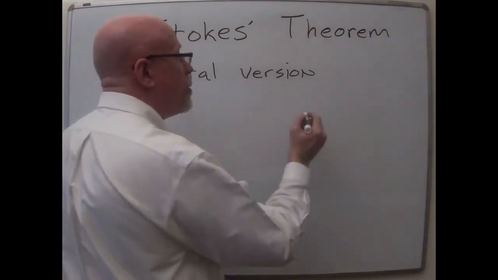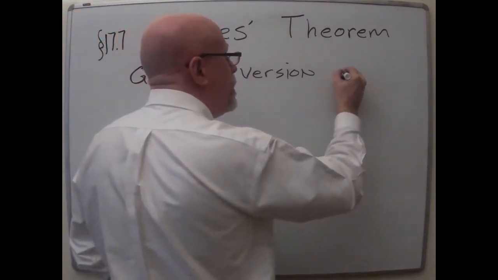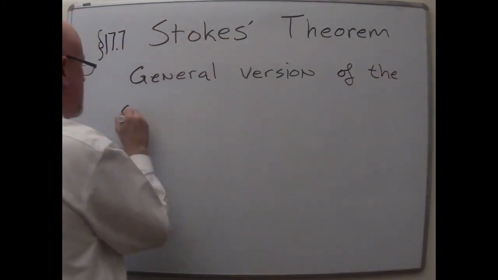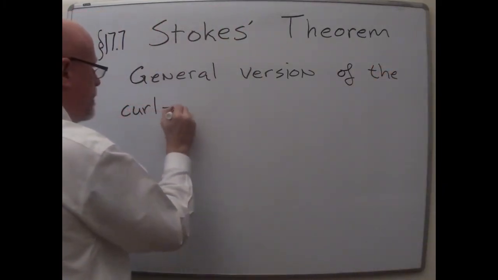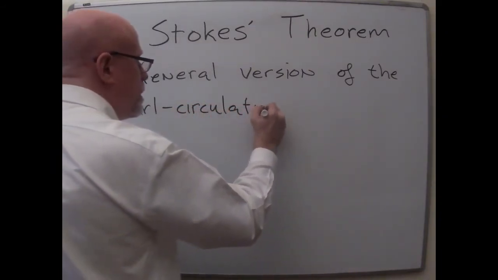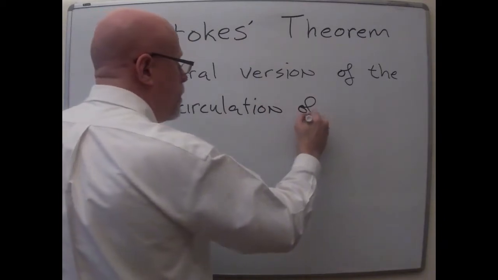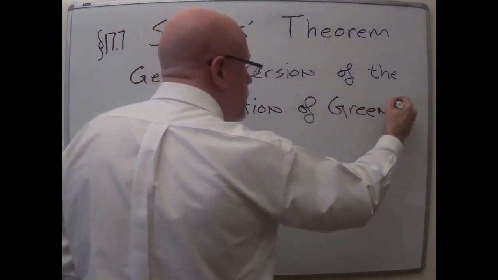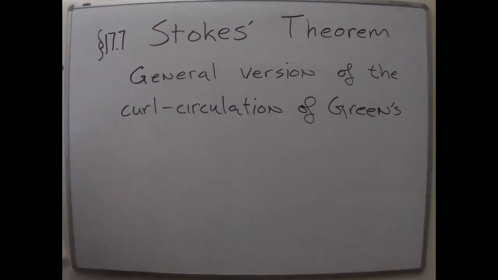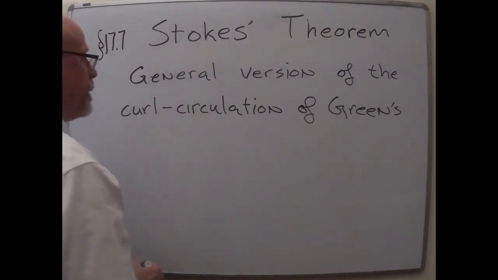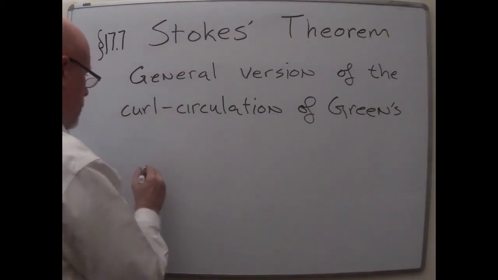Stokes' theorem is the generalized version of the curl circulation version of Green's. So let's first come back to Green's theorem, the circulation/curl version of it, and remember how it looks.